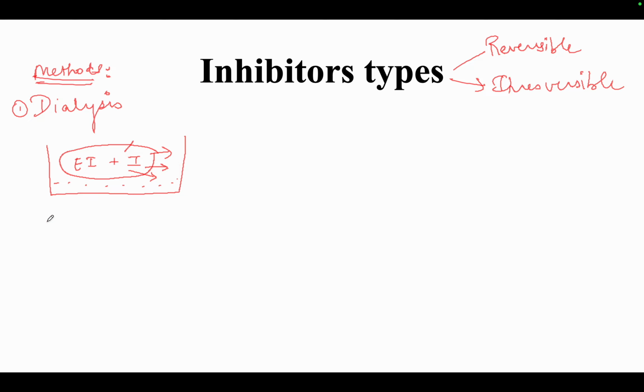So from here we can check the activity of the free enzyme as well, and if we find any activity, that means there is a free enzyme available, and since there is a free enzyme, that means that the inhibitor is binding reversibly.